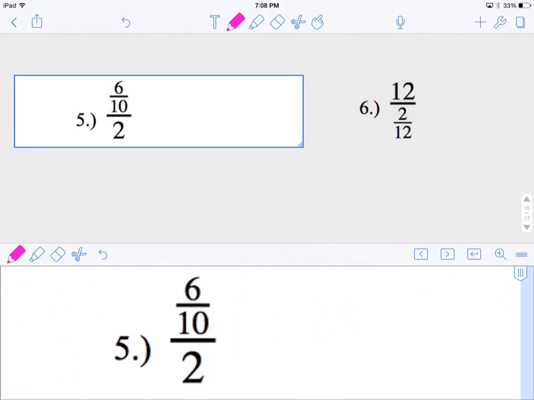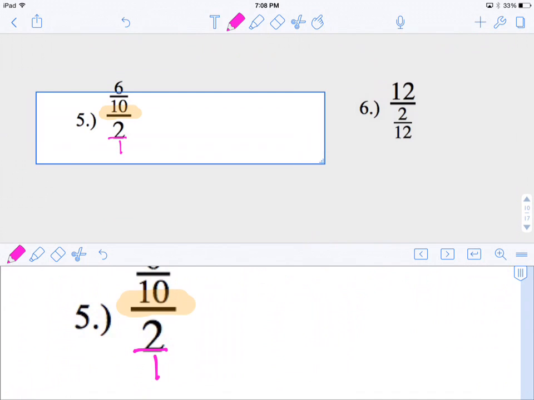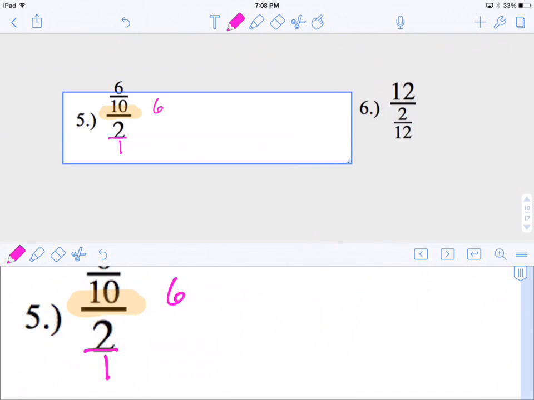Now number 5 and 6 look a little scary. We're going to look for the bigger fraction bar. So right here in the middle, you can see that this is the bigger fraction bar. So we're going to say 6/10 divided by 2, which we'll write as a fraction. 2 as a fraction is 2 over 1. So if I write that 6/10 divided by 2 over 1, right?